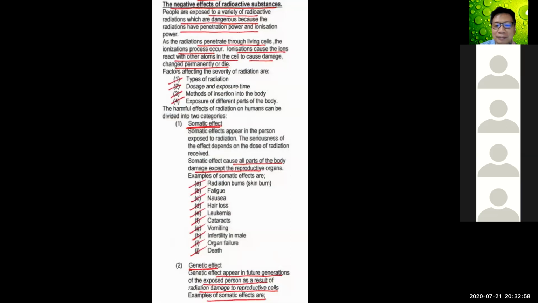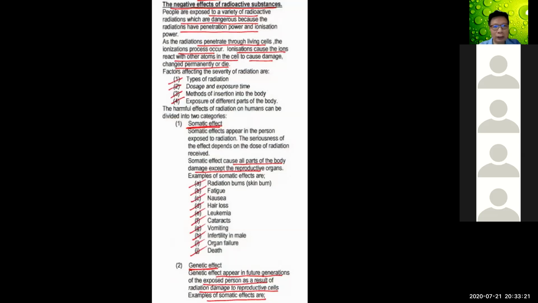Somatic is the parts of our body. Like this: somatic means the whole body except one part. Except which part? Reproductive organ, yes, correct.